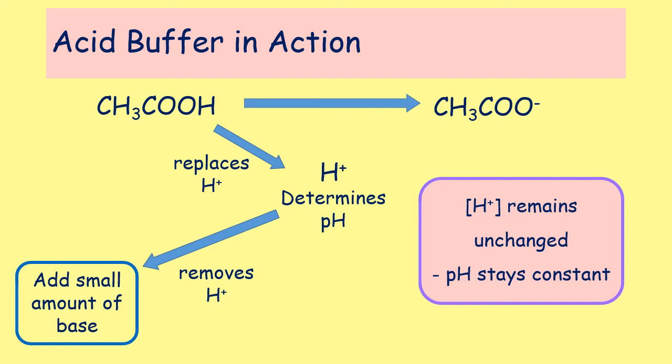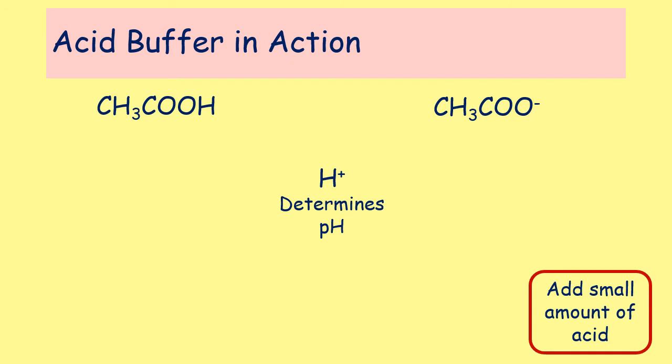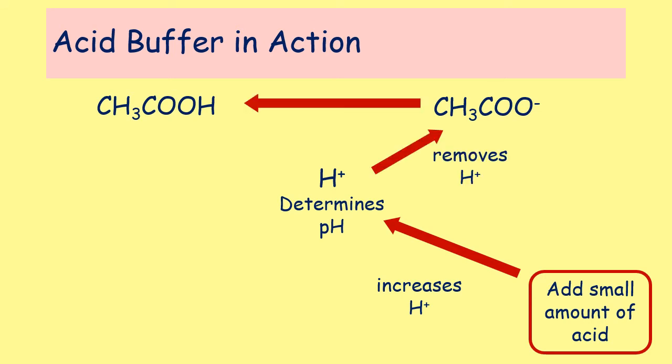Now, what happens in the opposite situation? Well, what happens if we add a small amount of acid? Well, if we add a small amount of acid, it's going to increase the amount of H plus in solution. And so in order to keep the pH constant, we need something that's going to get rid of that excess H plus, and that's going to be our conjugate base from the salt.